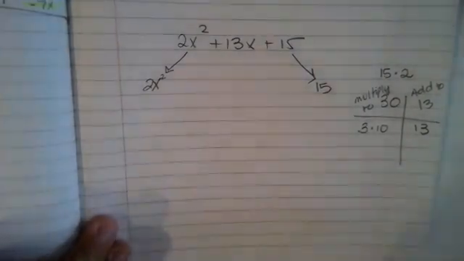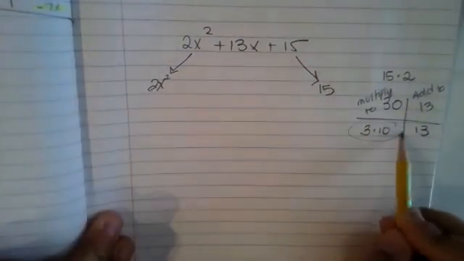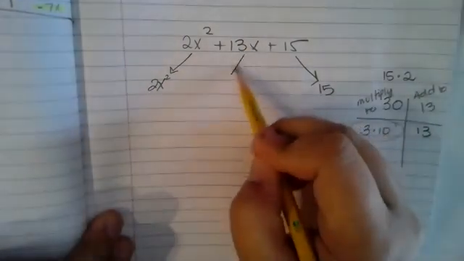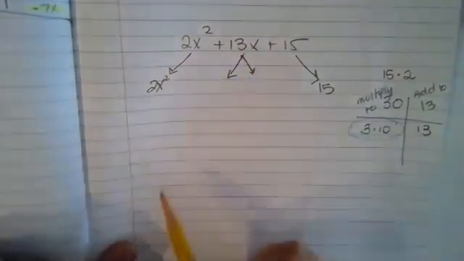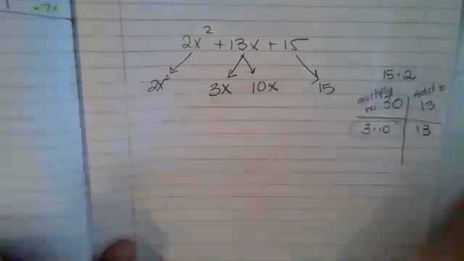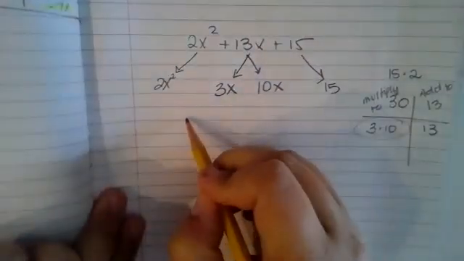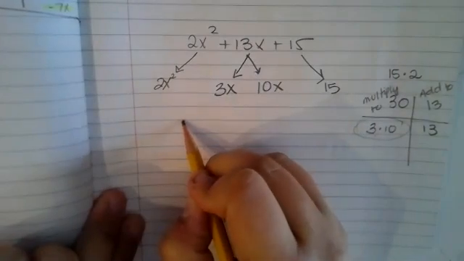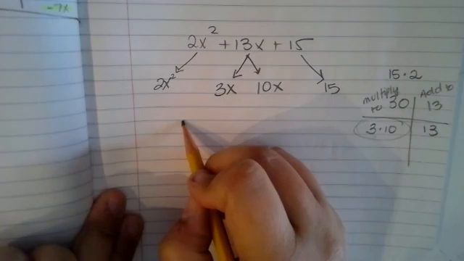So now what I'm going to do is take this and split this middle term. This is 3x and now this is 10x. So when I look at this, I now have... oh, I should have written this the other way to make it nice and pretty.